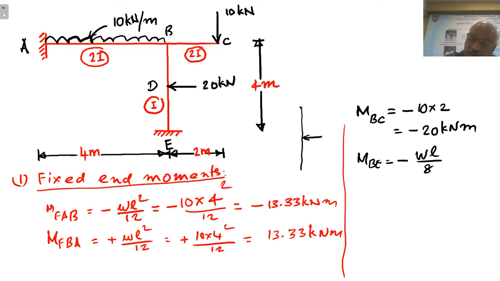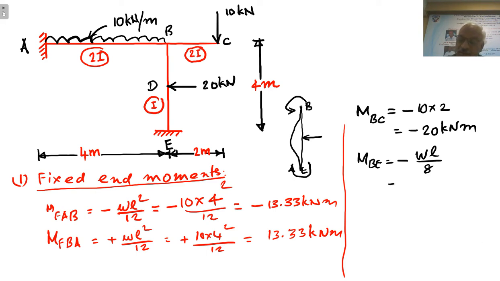Therefore, as a fixed beam, this will behave like this. So the moment here will be anti-clockwise for making the slope 0. The moment here will be clockwise for making this. Therefore here it is minus WL by 8 at the point B, and at the point E it is plus WL by 8.